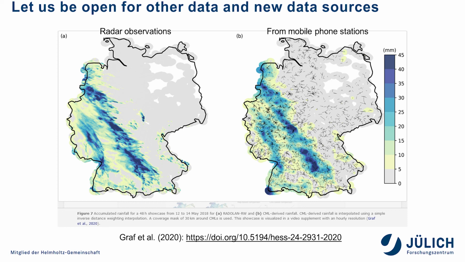And you can see here in comparison with the radar data on the left-hand side that this gives a pretty accurate description. So it's, I think, a prime example of how one can exploit other data sources to generate useful information for system science.